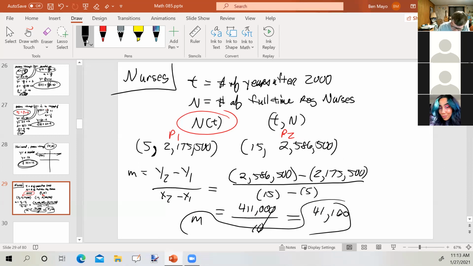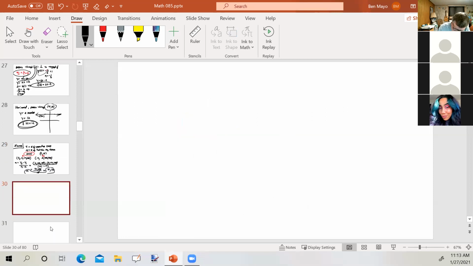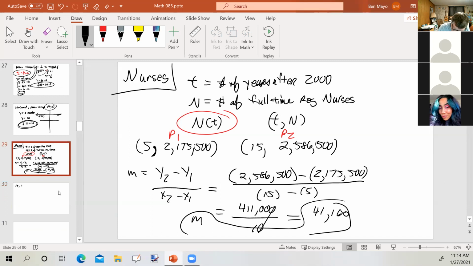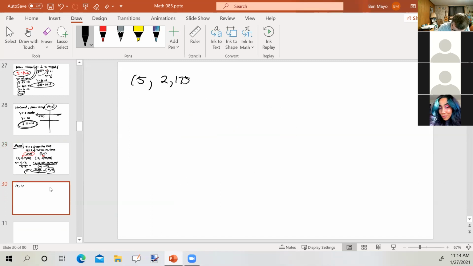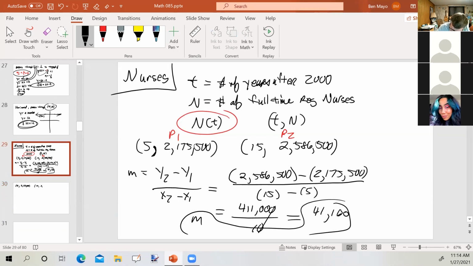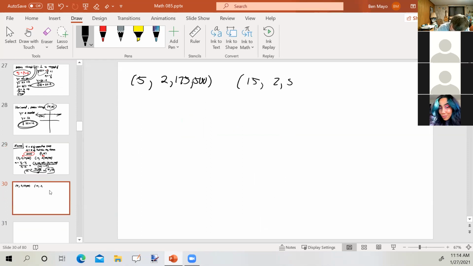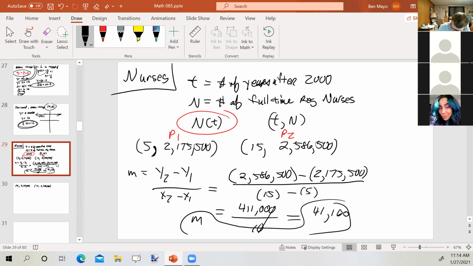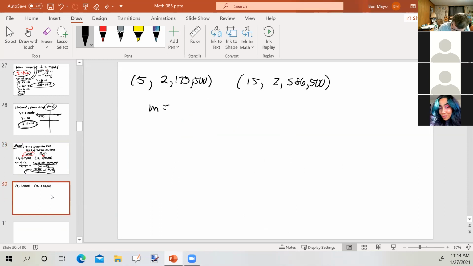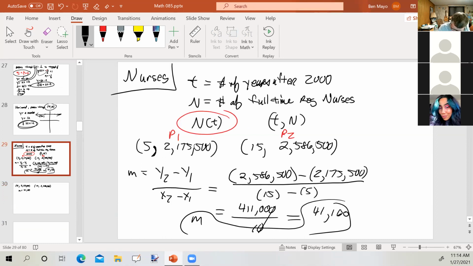Okay. Now, I'm going to need another page for this problem. So I'm going to go to the next page and copy my two ordered pairs: 5 and 2,175,500, and 15 and 2,586,500. We already concluded that the slope was 41,100.